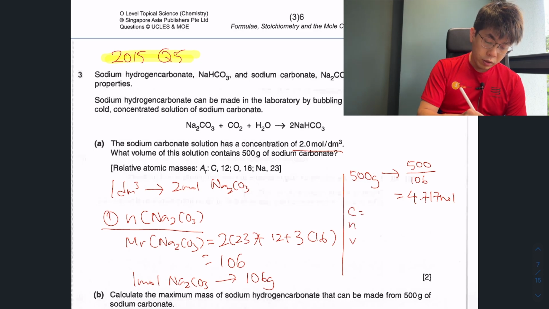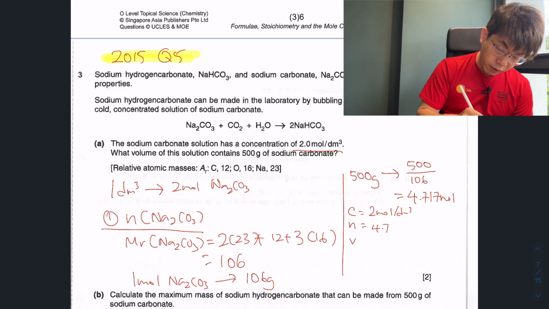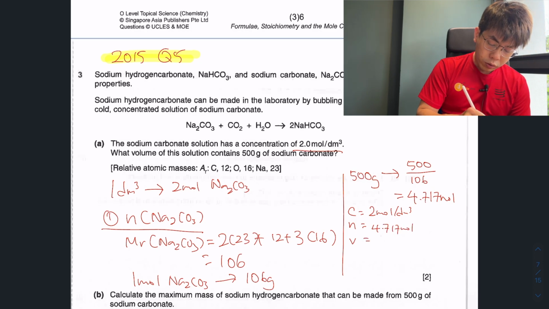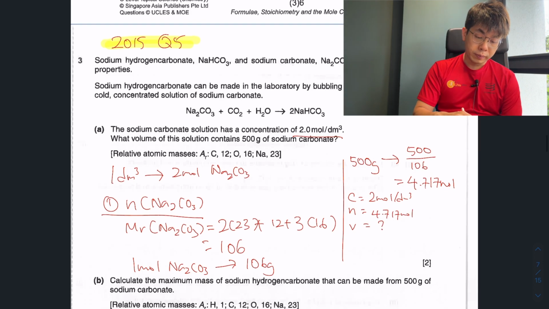The C, the concentration, is 2 moles per dm cube. The number of moles I have is 4.717 moles. The volume is the question mark over here.